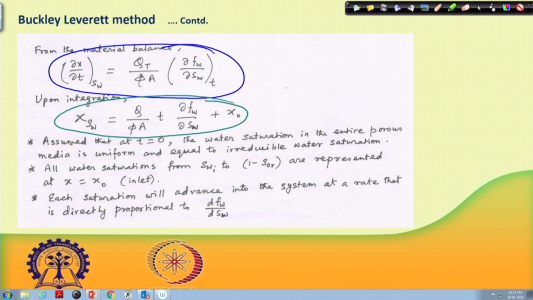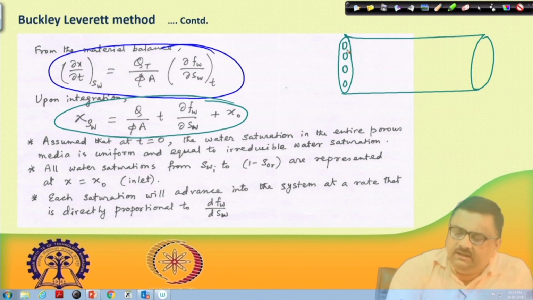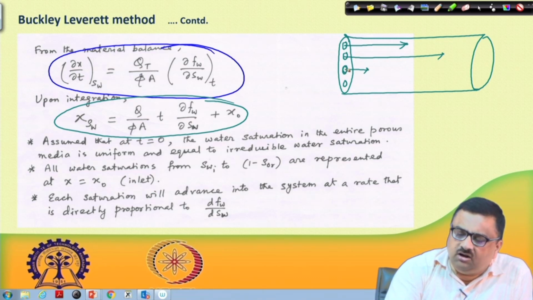Our conceptual understanding is something like this: if this is the porous plug, we have saturation packets at the inlet, and these saturation packets are traveling into this medium. Some are traveling far, some are traveling this much, depending on the saturation value of the packet.